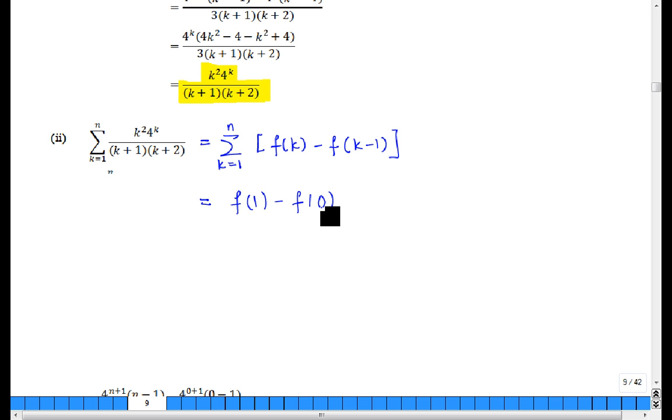Okay? F1 minus F0. Okay? Don't write too long. Don't evaluate out, just write F1 and F0. Okay, don't evaluate it.